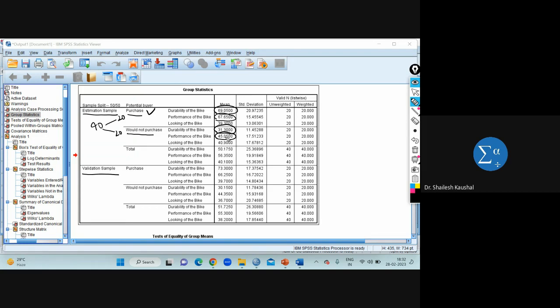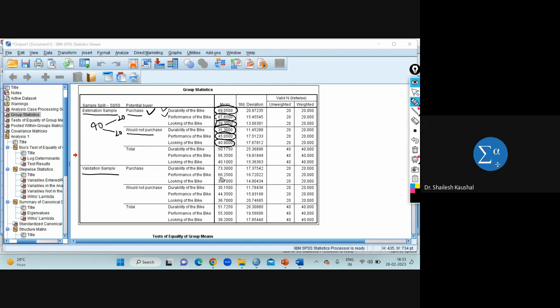Again, it is significant. Third, for looking of the bike, those who are buying the bike 39.30, and those who are not buying, the score is 40. So both groups, whether purchaser or not, are giving a low score for looking. So according to them, looking is not important, only durability and performance may be the important features of the bike.